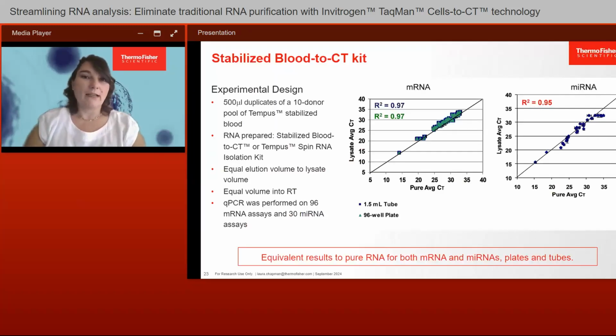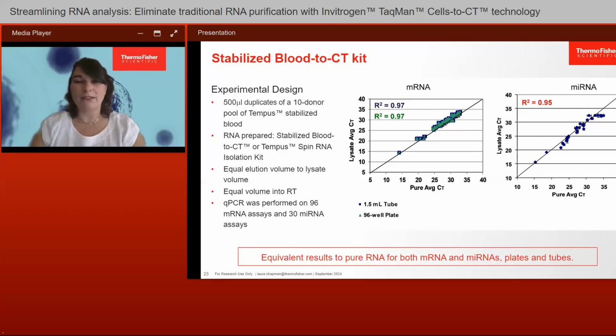This is some example data from gene expression using the stabilized blood-to-CT kit. In this particular experiment, we had a 10 donor pool of Tempus stabilized blood, and we took 500 microliter aliquots in duplicate and prepared the duplicates either using the stabilized blood-to-CT kit or the Tempus Spin RNA isolation kit, and then compared the purified RNA to the lysates for both microRNAs or mRNAs.